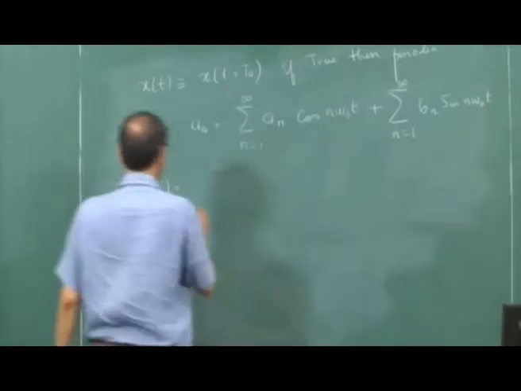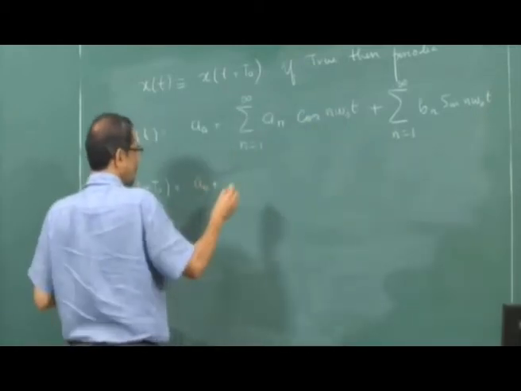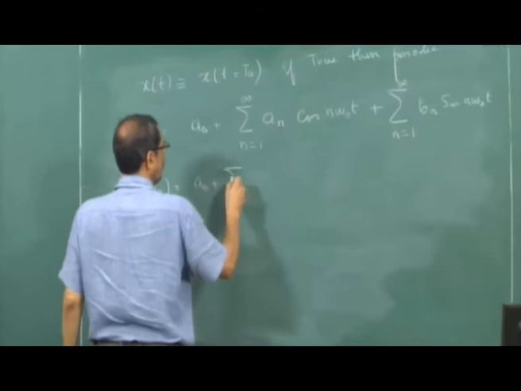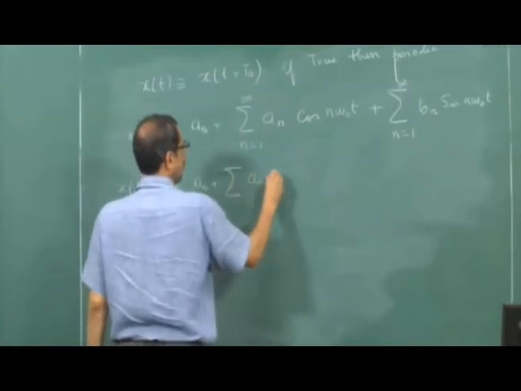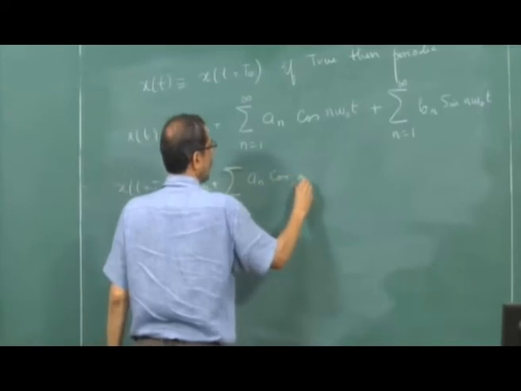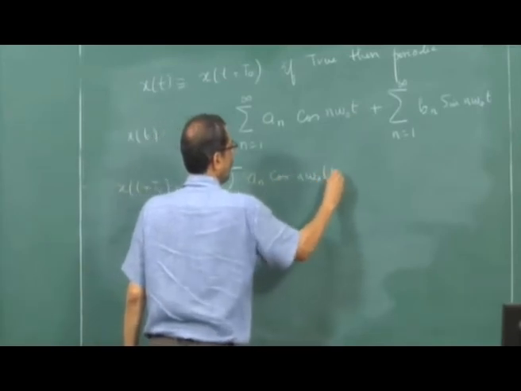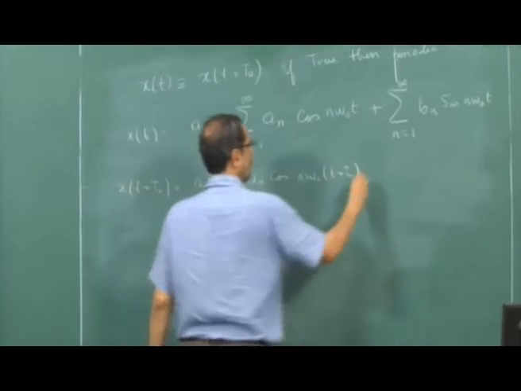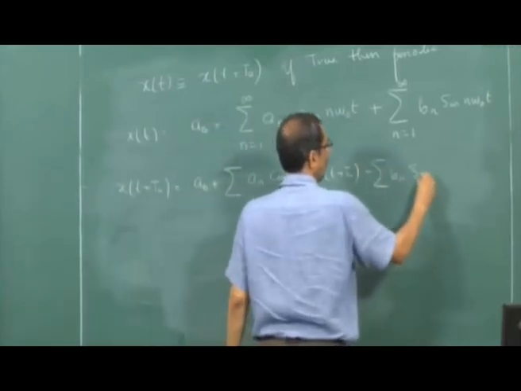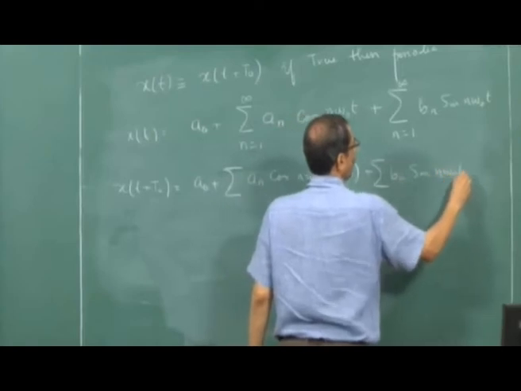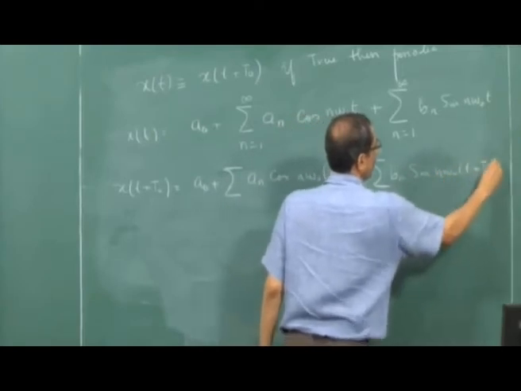So you get a naught because that doesn't depend on time. I will not write the limits of summation all the time. It's very time consuming. Then an cosine n omega naught t plus t naught, bn sine n omega naught t plus t naught.